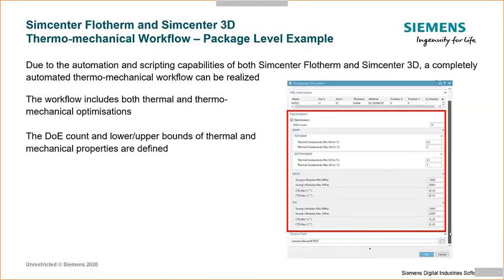Now, the workflow includes, optionally actually, but in this case I'll demonstrate it, both the thermal and thermomechanical optimizations. And to capture the information, the settings for those optimizations, DOE count, number of computational experiments, is defined, as well as lower and upper bounds, a design space of thermal parameters, thermal conductivities in this case, and also mechanical properties as well in terms of Young's modulus and coefficient of thermal expansion.